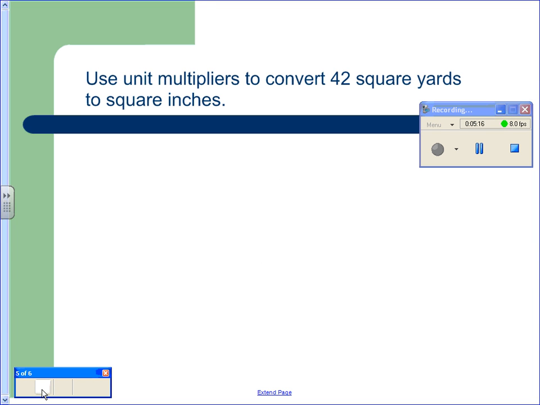Okay. We want to change yards to inches. So what would I start with? Do we know something that relates yards to inches?